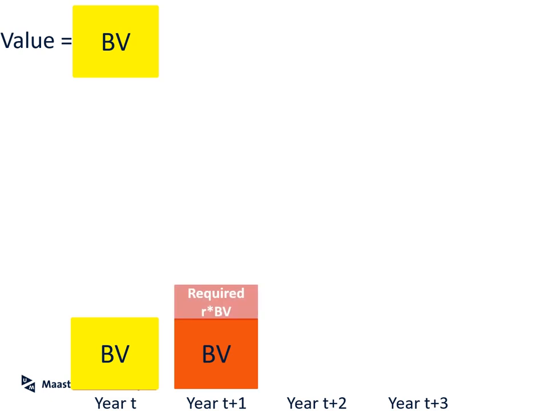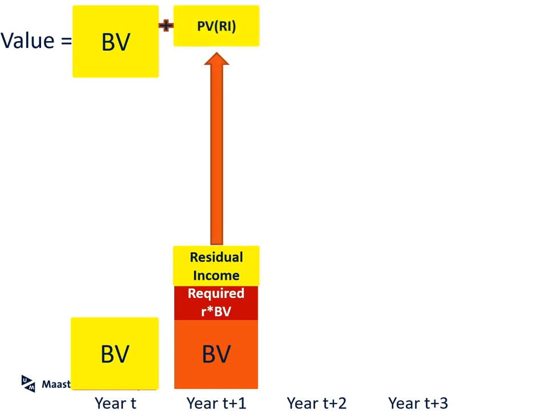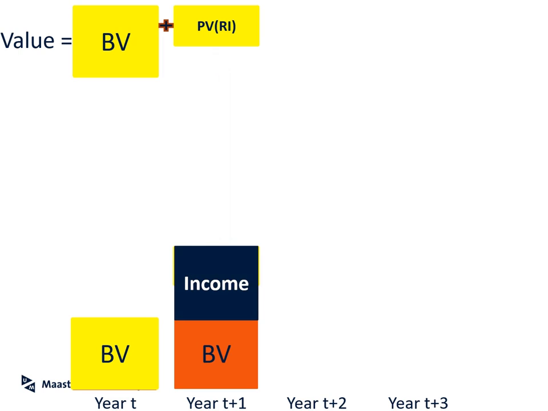And we can split this income into the required income, so the cost of equity times this book value, and any income that we have on top of that is our abnormal profit or residual income. And it's this last component, or the present value of this last component, that we add to the value of the company. So we start with the book value, and then we add to that the residual income that we are generating. And we can continue like this.